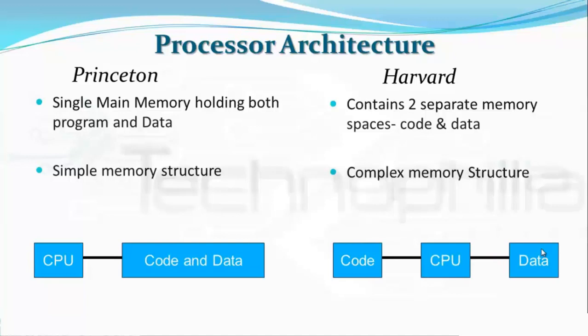But simultaneous data and instruction access is faster than sequential access. Similarly, two separate or independent buses are required for Harvard architecture, which will increase the hardware cost, as a single bus is required in the case of Princeton architecture. Comparatively, the hardware cost is less.